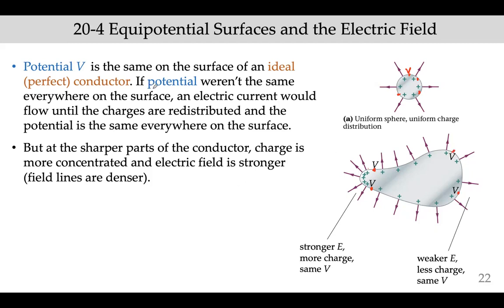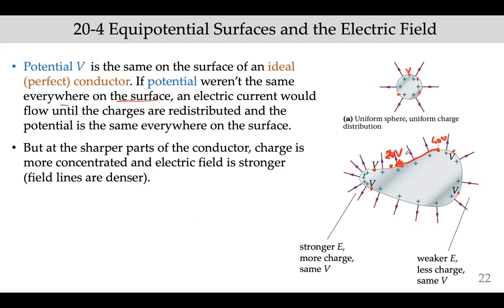Now imagine that if the potential weren't the same everywhere on the surface, let's say you have 40 volts here and you have 20 volts here. What would happen? Well, we just learned in the previous slide, the charges would flow from high potential to low potential, right?